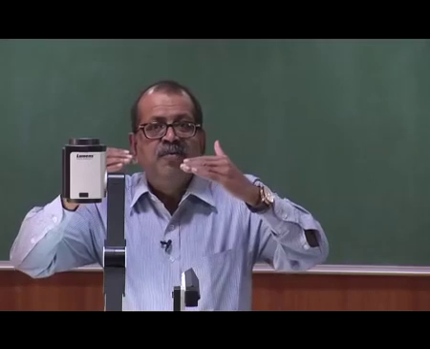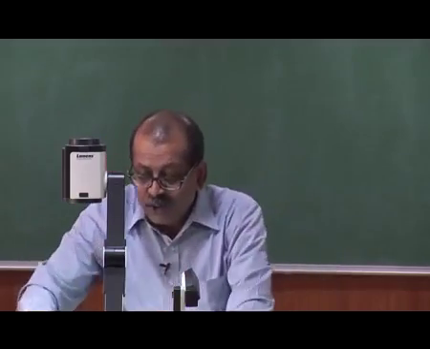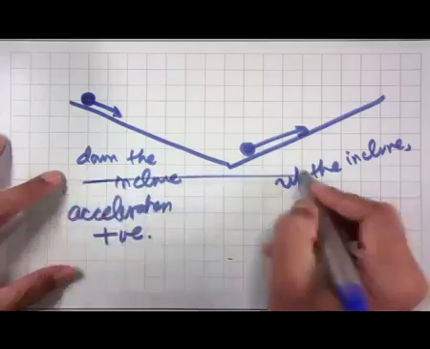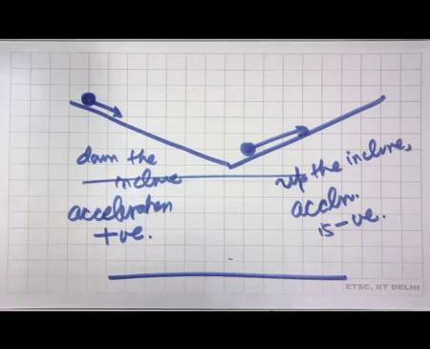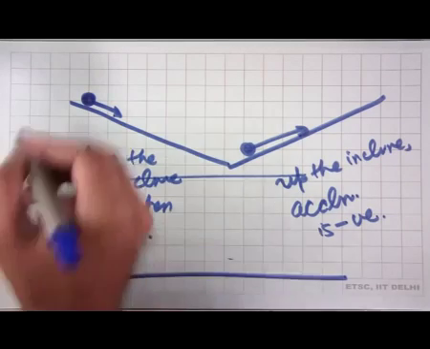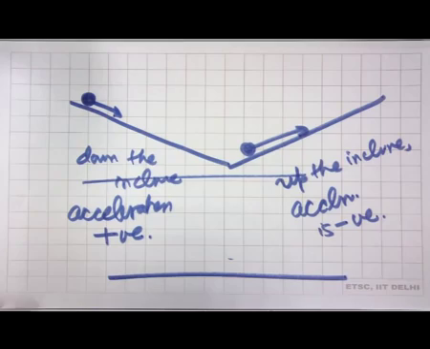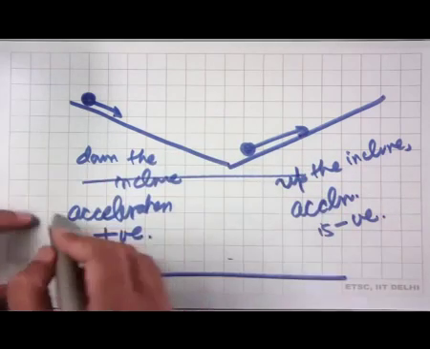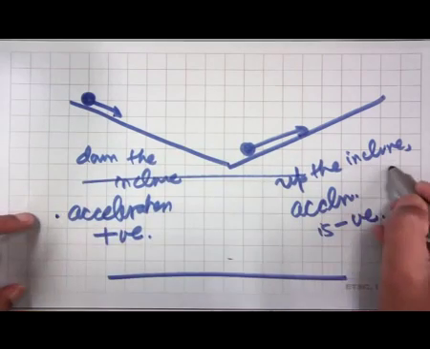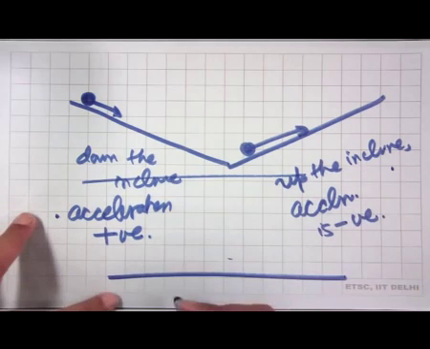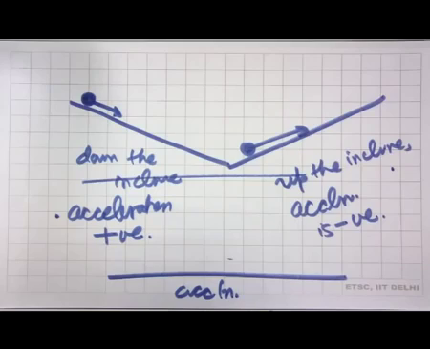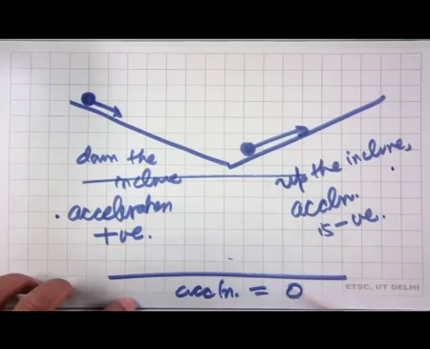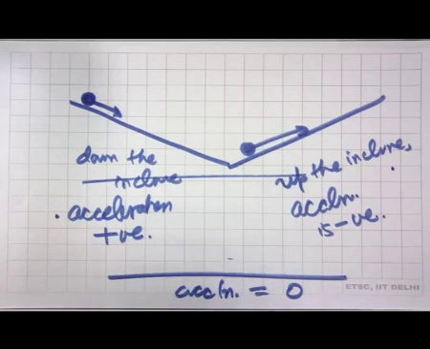Now, if we try to reduce the angle slowly and we come to a state where there is a level surface, what will happen? If there is positive acceleration here and negative acceleration here, then in the case of a level surface, it is very intuitive to expect that the acceleration will be 0.